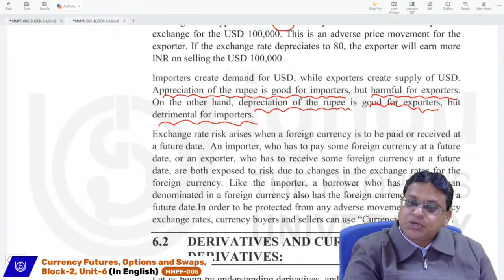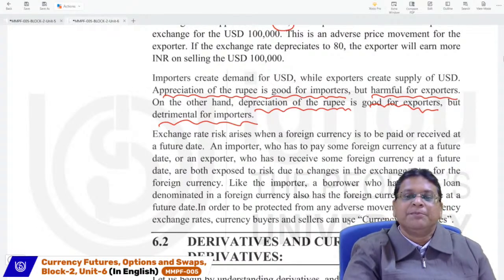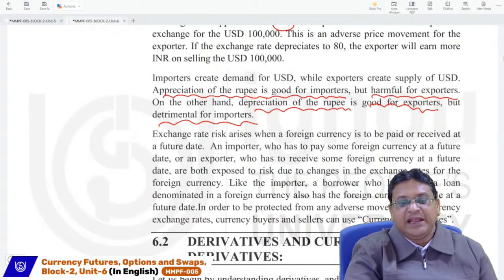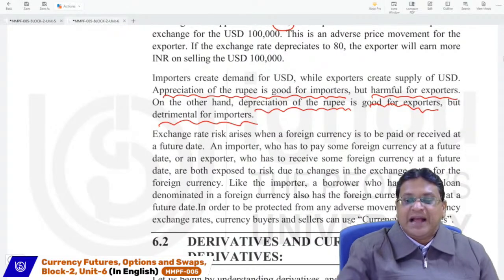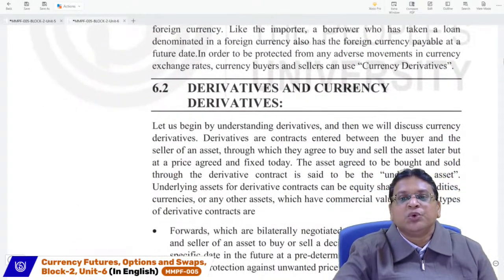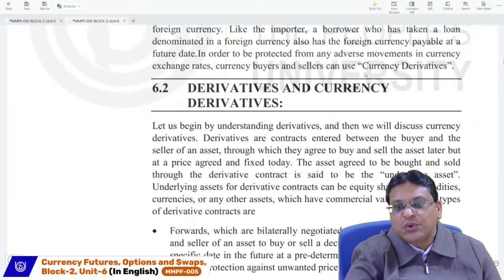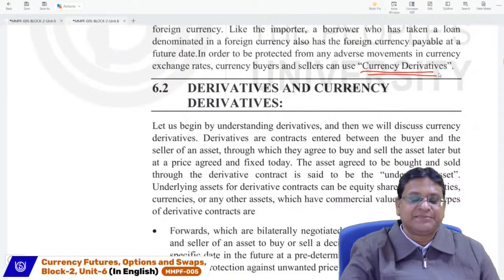On a future date, the currency value may increase or decrease. On the basis of that, they face currency risk, and this type of currency risk can be managed with the help of derivative instruments. The derivative instruments used in managing currency risk are known as currency derivatives.